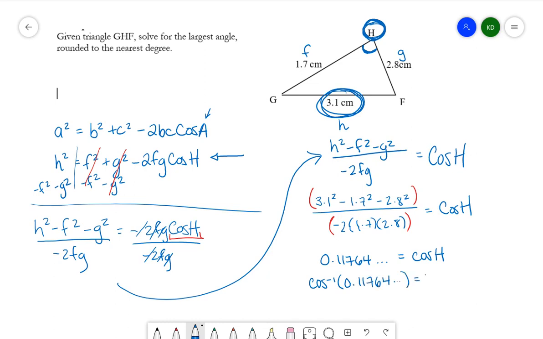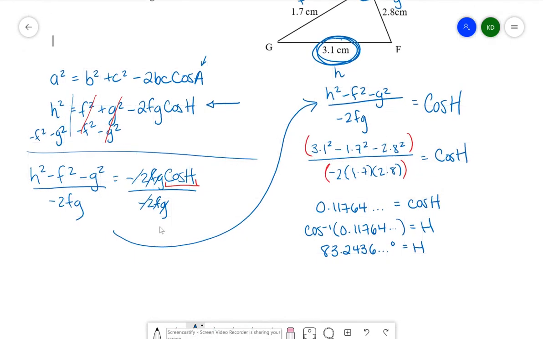And then on the right side, I just have h. When we plug this into our calculators, what we're going to get here is 83.2436 degrees. And it wants us to round this to the nearest degree, so our final answer will be roughly 83 degrees. Let me know if you have any questions.